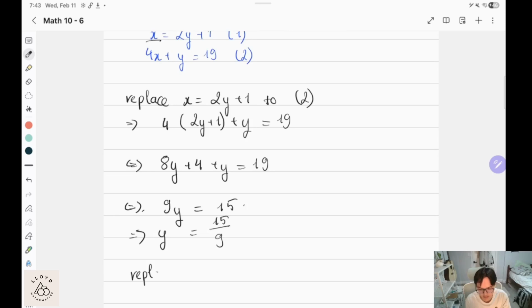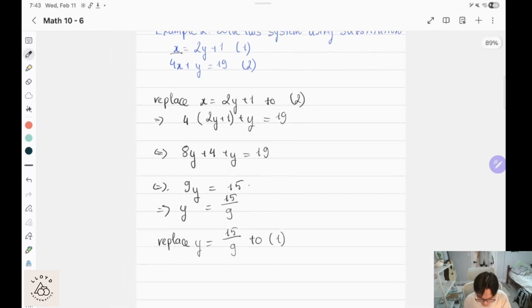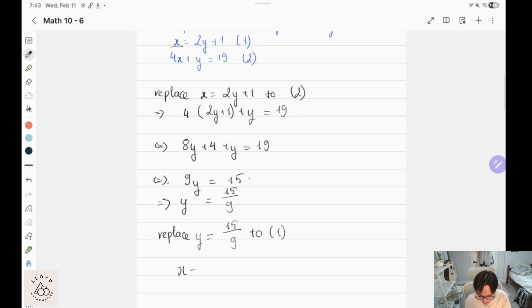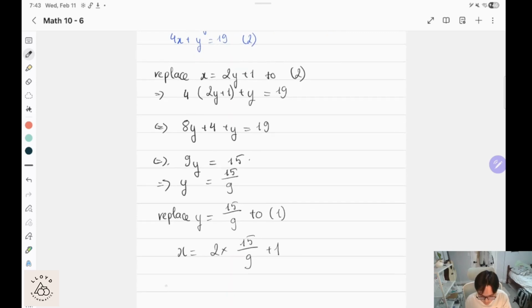Replace y equal to 15 over 9 in the first equation: x is equal to 2 multiplied by 15 over 9 plus 1. Therefore x here is 39 over 9. So the solution here is 39 over 9 and 15 over 9.